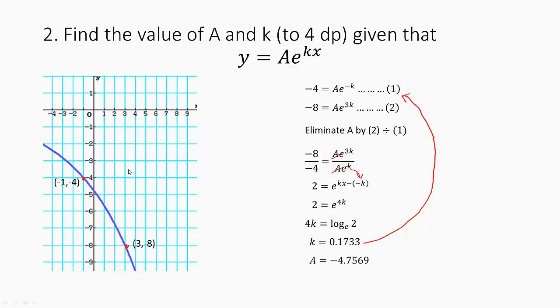So this graph here, y equals minus 4.7569 e to the power of 0.1733 times x.